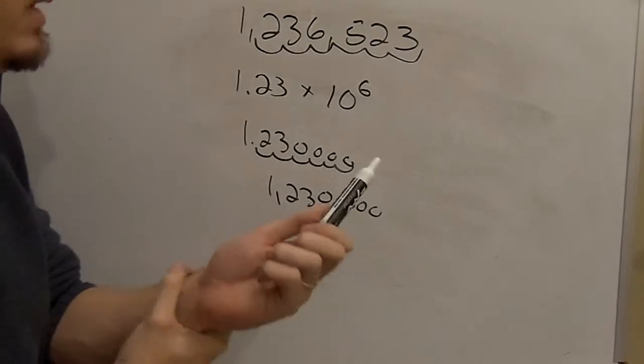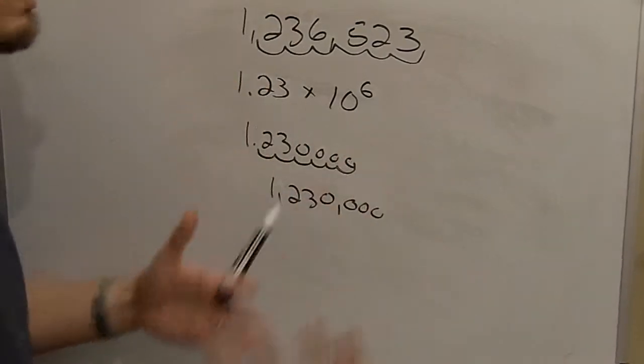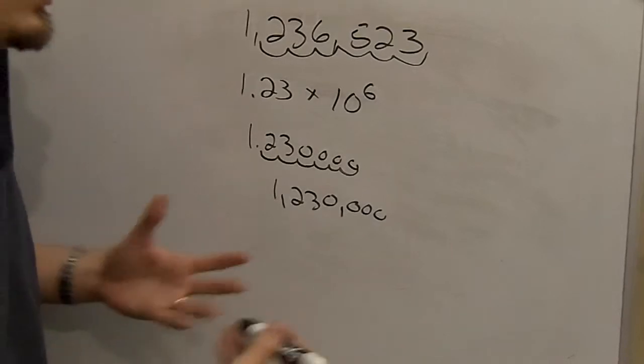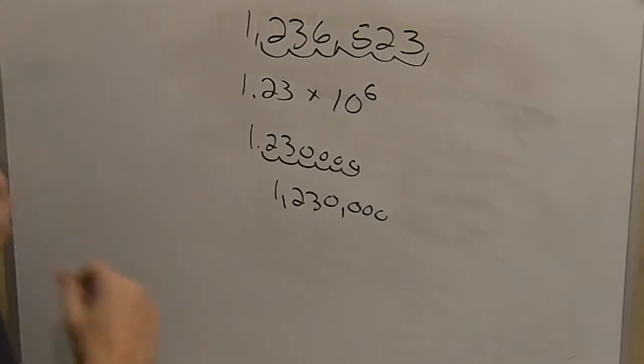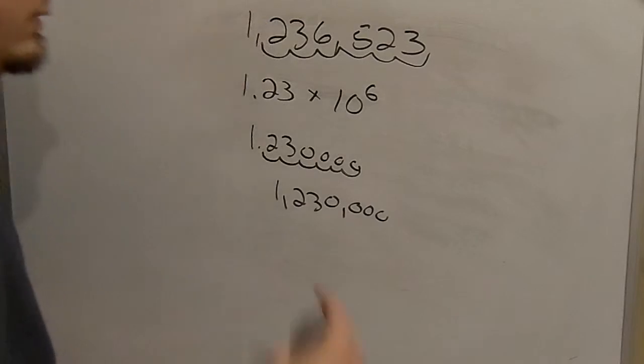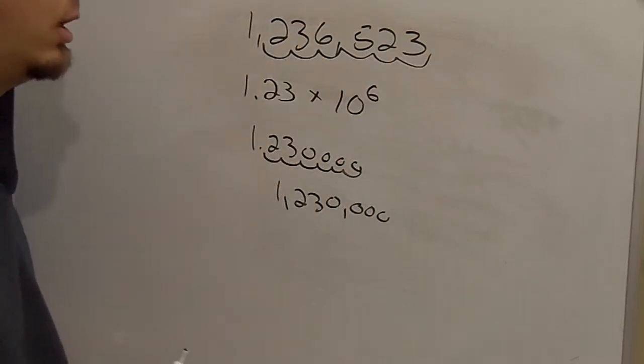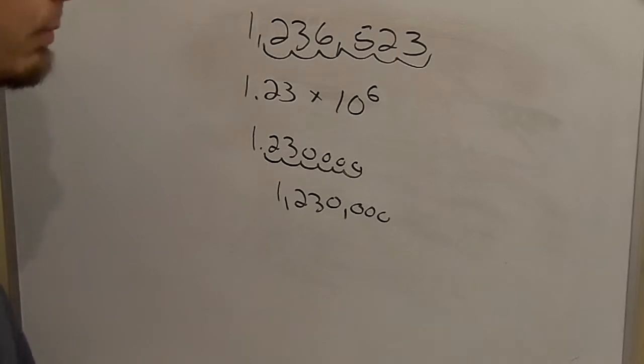Even if you're fluent at math, sometimes these larger numbers, if you try multiplying them out normally, will take several minutes just because of the amount of work it takes to finish the multiplication. So scientific notation helps to quicken that process and get you an answer that's relatively close to what it should be.